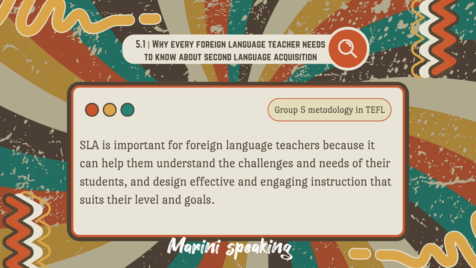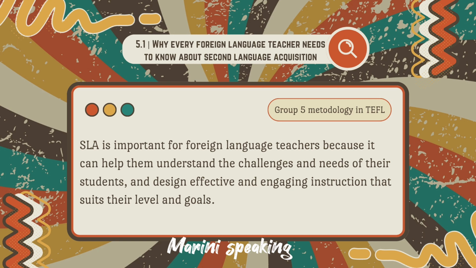Some of the reasons why every foreign language teacher needs to know about SLA. SLA can help teachers identify the stage of language development that their students go through and adjust their expectations and feedback accordingly.